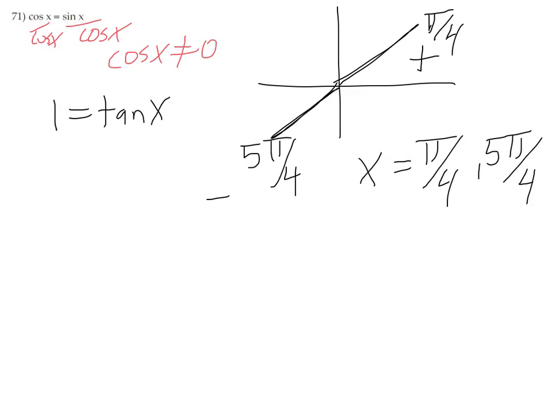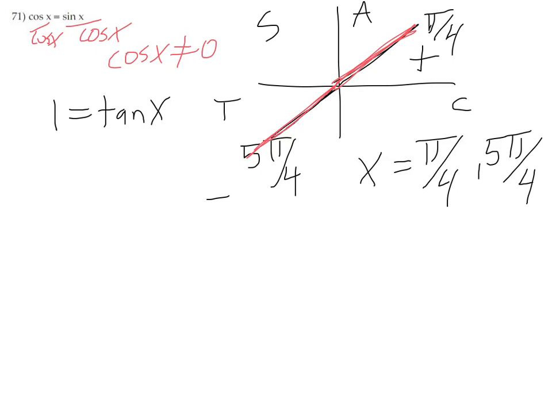This is awesome because it's one trig function. It's just tangent. Now it's not sine and cosine. Where is tangent equal to 1? Well, all students take calculus. Tangent is equal to 1 at pi fourths and also 5 pi fourths. It gives us our same solutions.